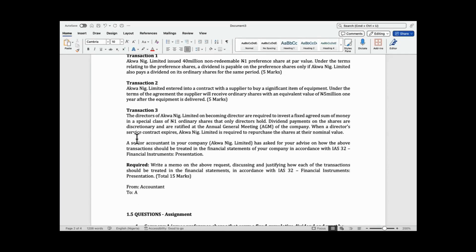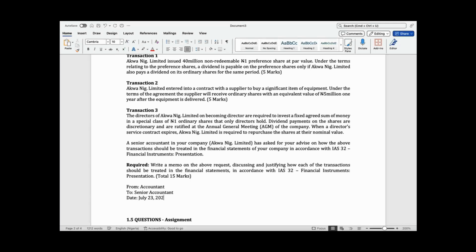Look towards the last line. A senior accountant in your company has asked for your advice. So you are writing to the senior accountant, sir. You are this junior accountant.